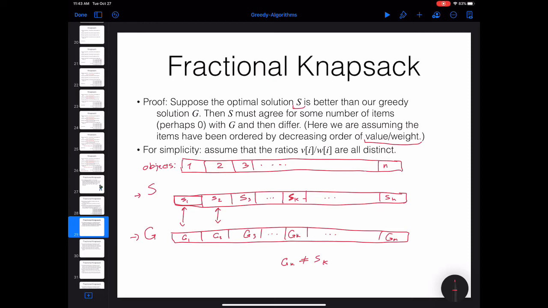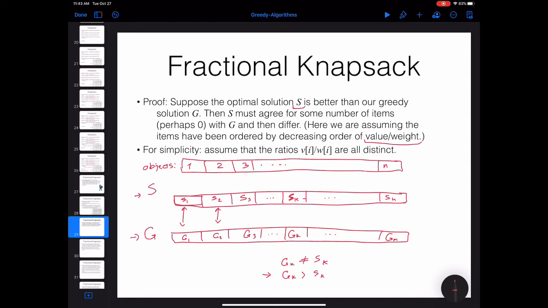I'm going to claim that definitely, if they are different, Gk is going to be greater than Sk. The reason for this claim is that the greedy strategy always tells you to take as much as you can from each object with the highest value per weight ratio.